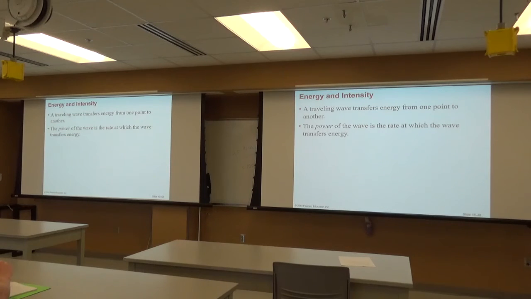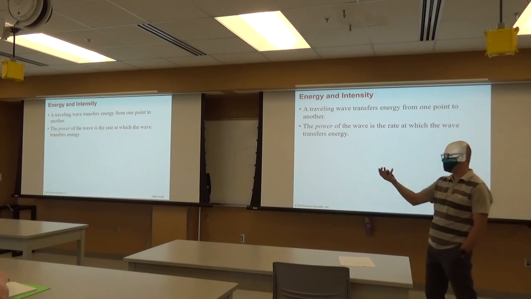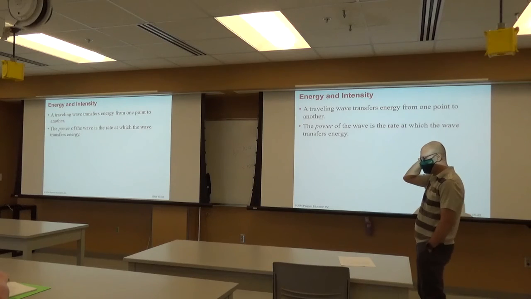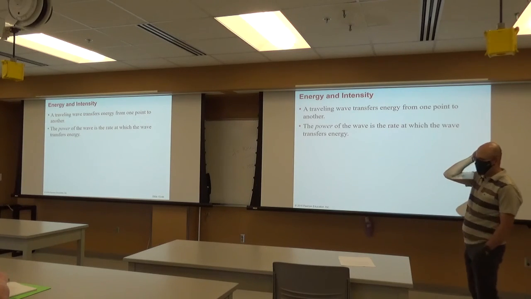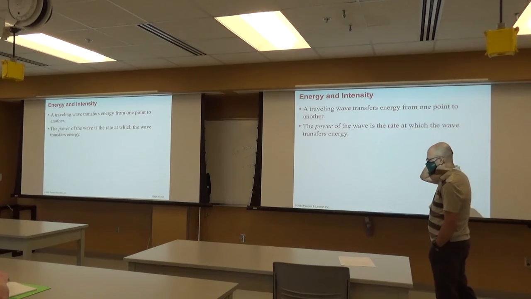Again, traveling wave transfers energy from one point to another point. And to define intensity, we need a term called power. So what is power? You know power from physics 1. Power is defined as transfer of energy per second time. Right? So for example, you have a bulb or some kind of light source. If you see the rating of the bulb, you will see 100 watts, 60 watts, 500 watts.